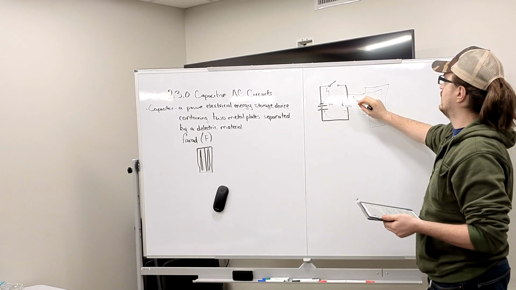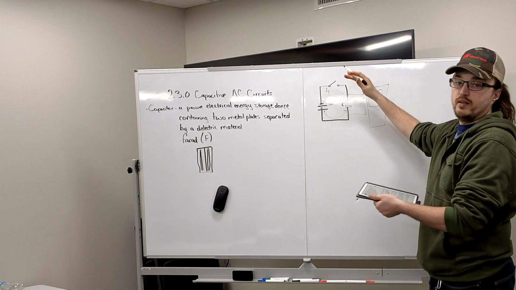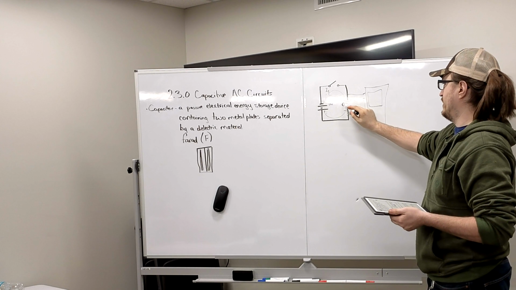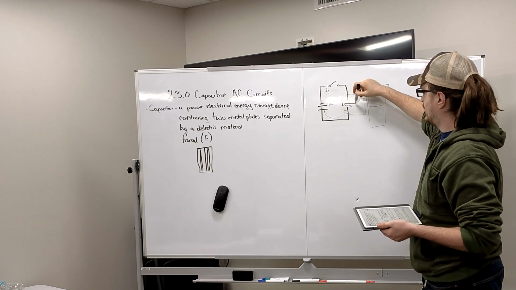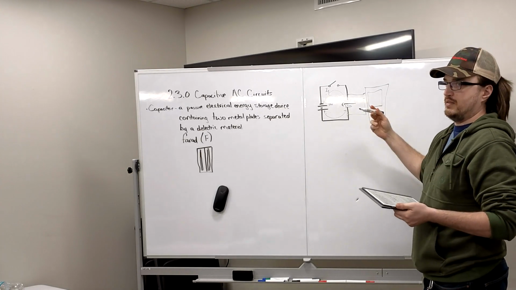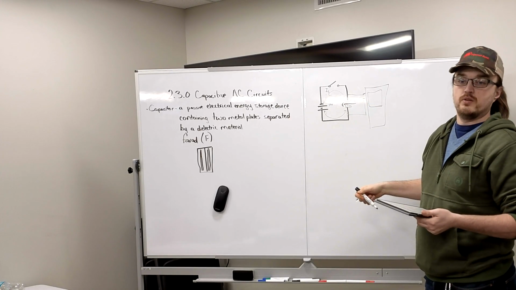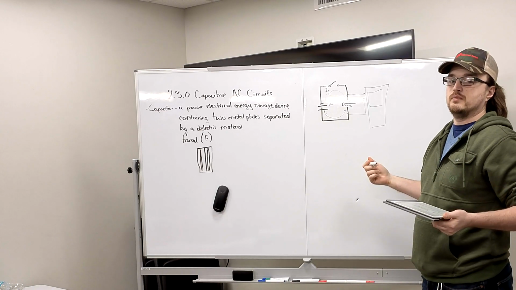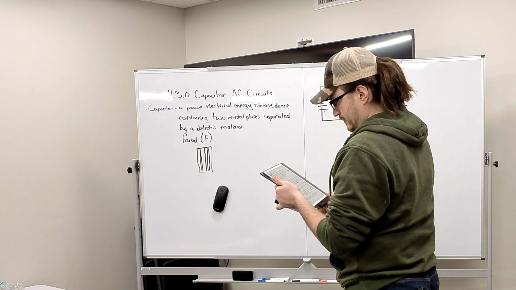The potential difference from here to here is 10 volts because 10 volts is what separated this, and now the only thing keeping it apart is that dielectric material. If you were to bridge that gap, you would have 10 volts across.